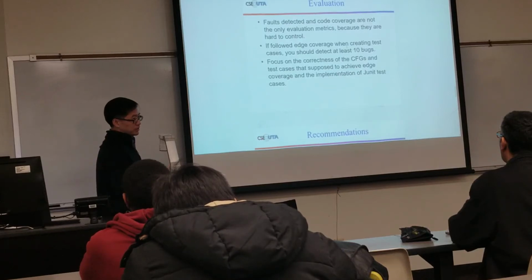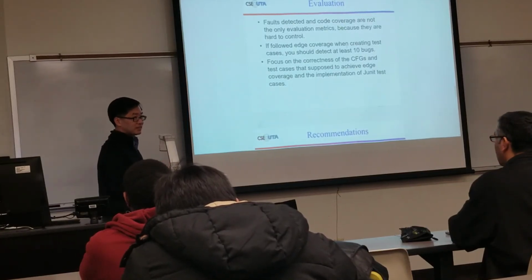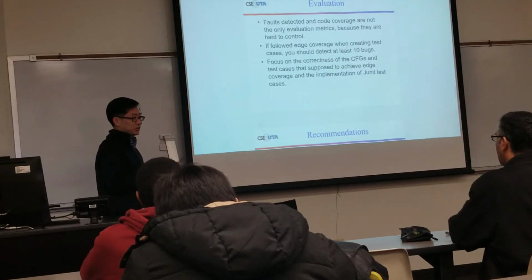If you actually apply what we discussed in the class, if you actually achieve edge coverage, you should detect at least 10 bugs, 10 out of 15. The total is 15. So this is just to give you a kind of guideline to check your result.